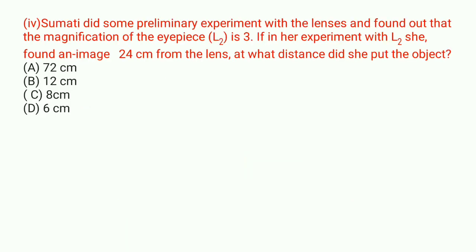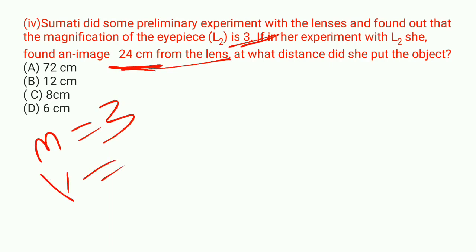Next question. Sumati did some preliminary experiments with the lenses and found that the magnification of the eyepiece L2 is 3. If in her experiment with L2 she found an image 24 centimeter from the lens, at what distance did she put the object?